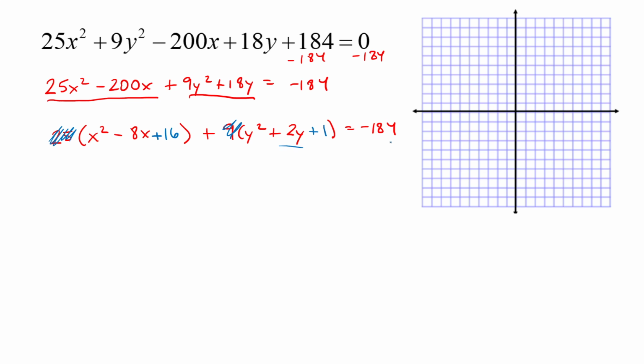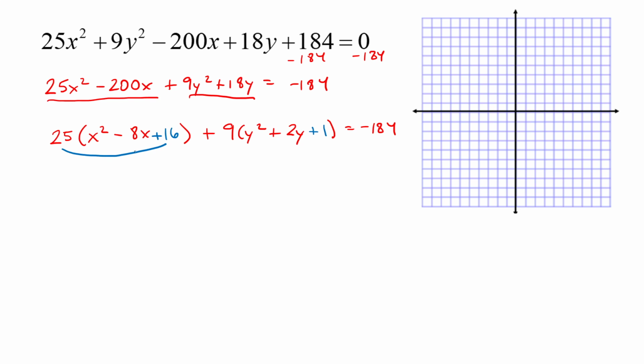Now, what a lot of students will do is they'll do plus 16 plus 1. And that's wrong. Because think about what you actually did to the left side. All right, now let's bring these numbers back. You didn't really add 16 over here. You really added 25 times 16. Right, you're going to need to distribute the 25 back in.